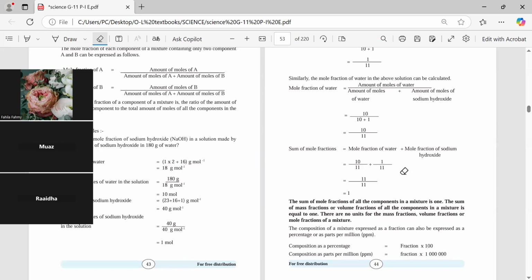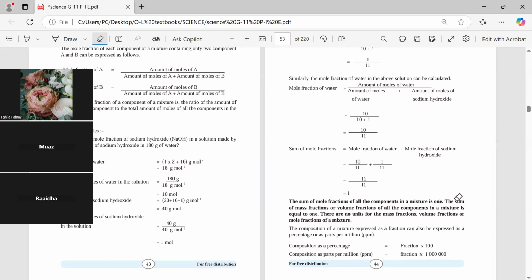Just if you have any baby syrups, or even you will have it in creams and all. Just check some cream bottles and so on. You will find the composition of the components mentioned in volume fractions or mass fractions, and also ppms. So what is this ppm thingy?